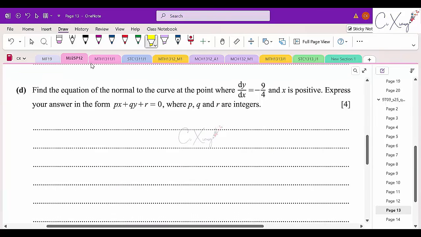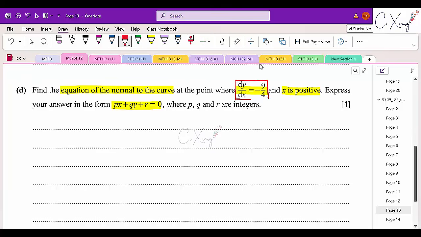Now they want you to find the equation of the normal to the curve at the point where dy/dx equals negative 9 over 4 and x is positive. Express your answer in this form. First of all, when they give you the value of dy/dx equal to something, this actually means the gradient of the tangent to the curve.